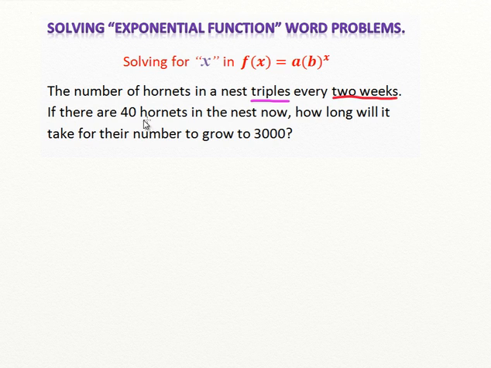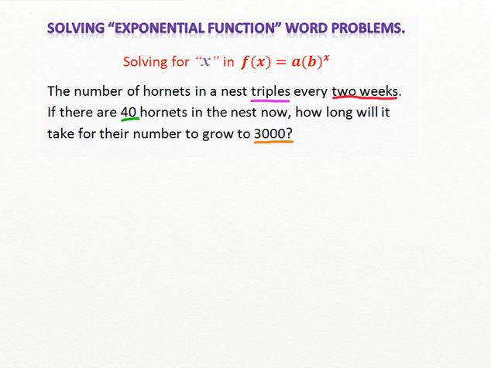So I'm just going to color code these different values. There's the 40, and let's color code the 3,000 in a copper color. Then we'll set up the equation. Now remember, the unknown value is time: how long is it going to take? We are identifying the units here, and it says triples every 2 weeks.